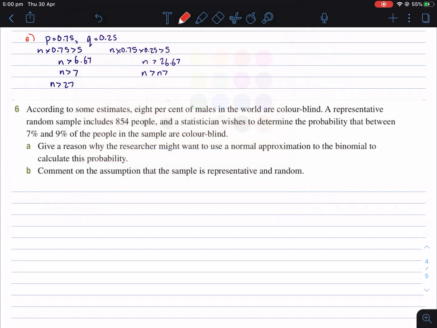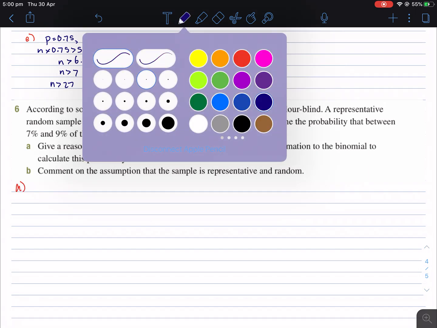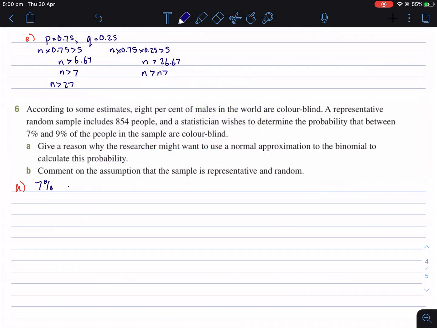Well, let's see what 7% of 854 equals. 60 people. 9% of 854 is 77 people.